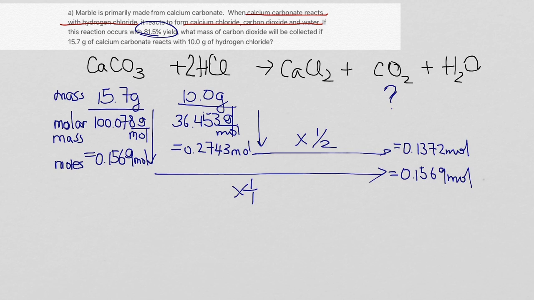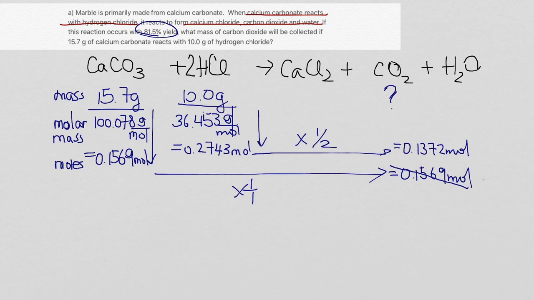So we take the smaller amount. Don't confuse this with when I say the maximum amount of product that could be formed. When I say the maximum amount of product that can be formed in a reaction, I mean the maximum product that can be formed from the limiting reagent. So remember that even though the calcium carbonate allows us to form 0.1569 moles of carbon dioxide, this cannot actually happen because hydrogen chloride would have run out before then.